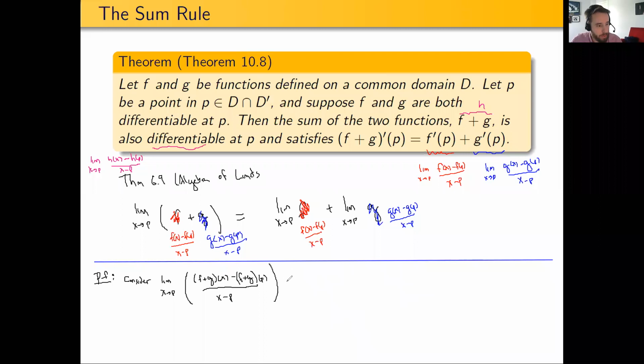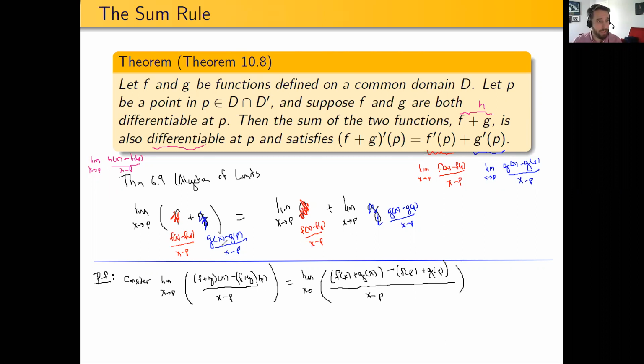So this can become rewritten as f of x plus g of x, that was the first piece, minus f of p plus g of p, and I should have parentheses around that because that is all being subtracted. And then all of that is over x minus p. Okay, so all we've done is parse out our notation.